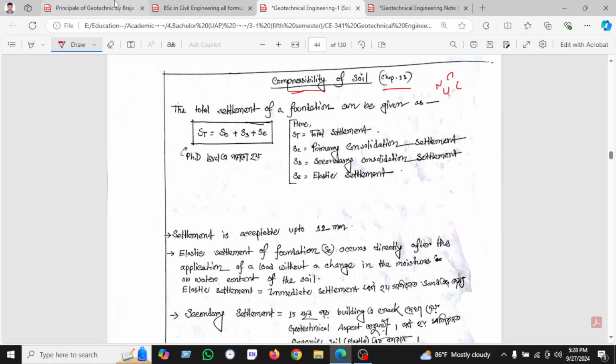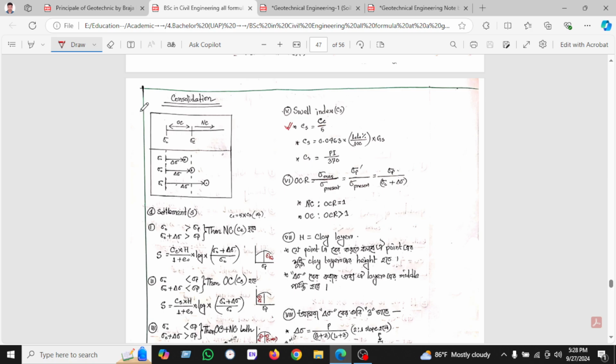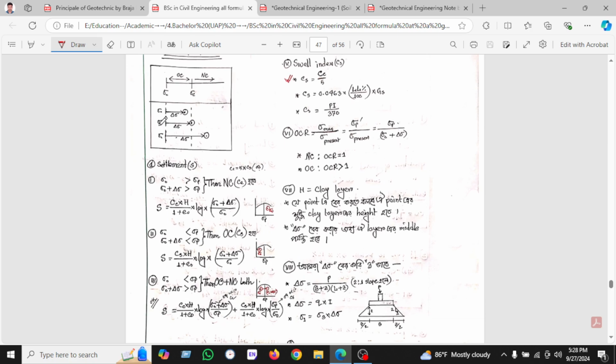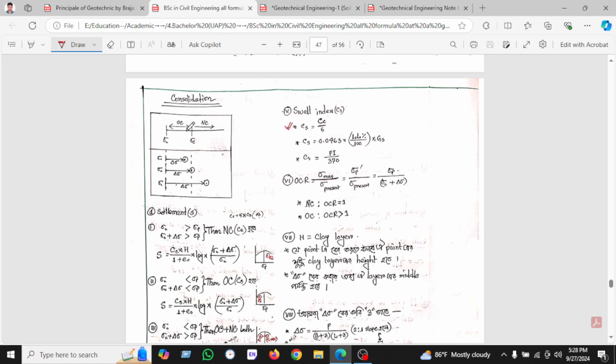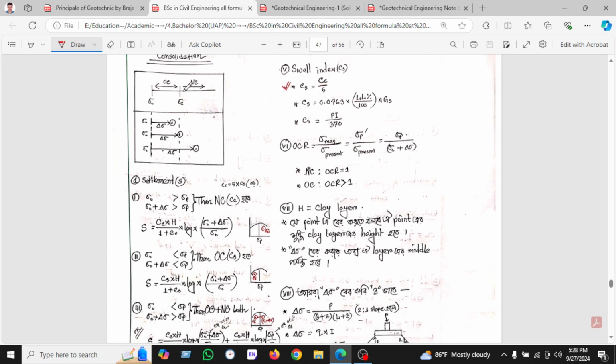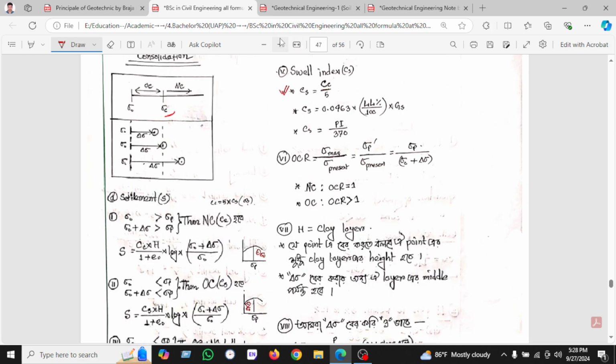Before I start, let's look at some of the formulas. Here are some formulas we have shown for normal consolidation and over consolidation, between delta sigma, sigma c and sigma naught.